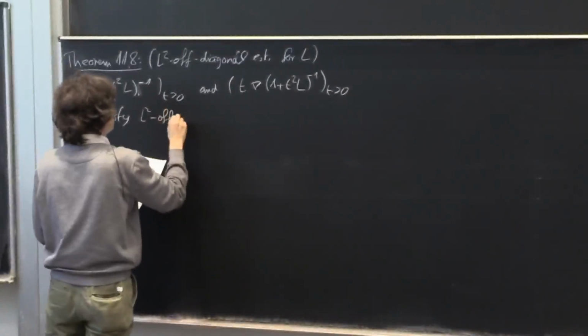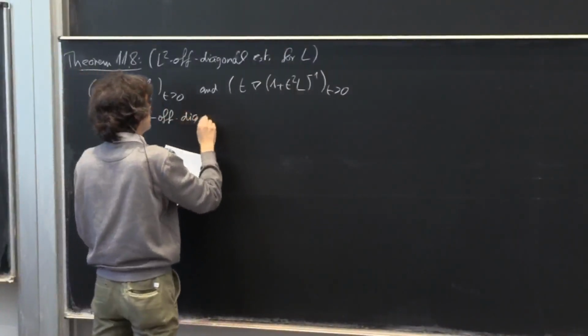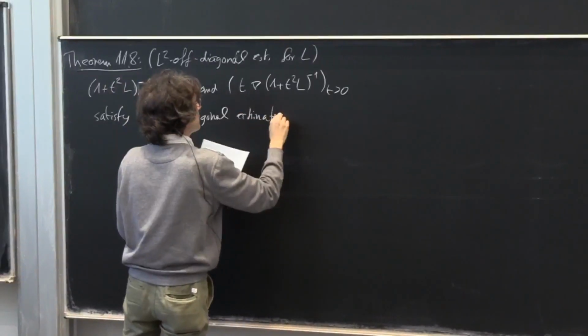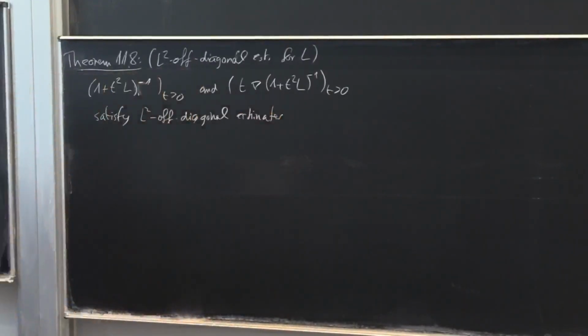So t times the gradient of the resolvents is also a family that satisfies L2 off-diagonal estimates.